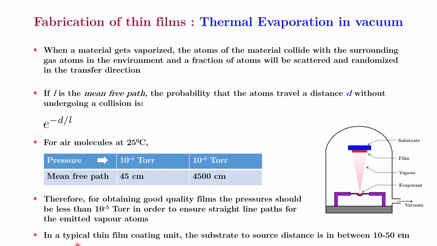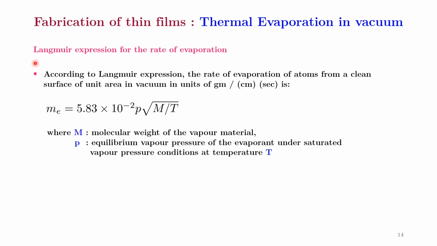And in a typical thin film coating unit, the substrate to source distance is between 10 to 50 cm. To calculate the rate of evaporation of the evaporant, we'll make use of the Langmuir expression.